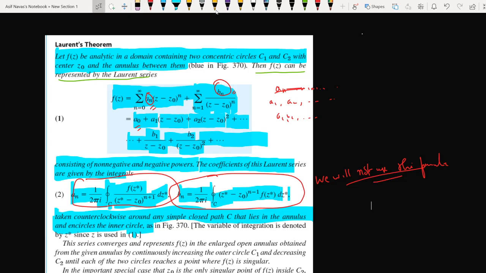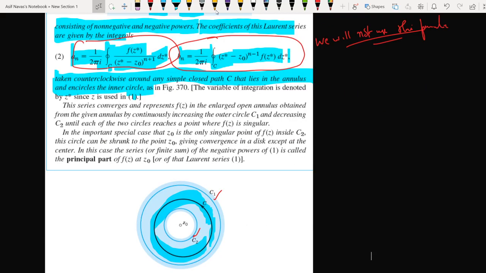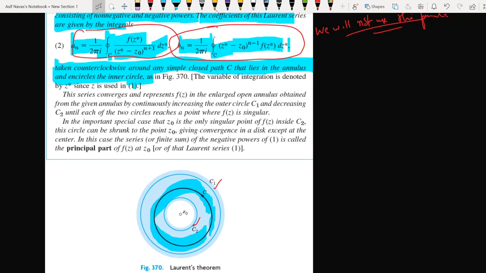So don't worry about these formulas. We will develop easy techniques to find a_n and b_n, or the Laurent series expansion. Now the series converges to f of z in the annular region obtained by this.